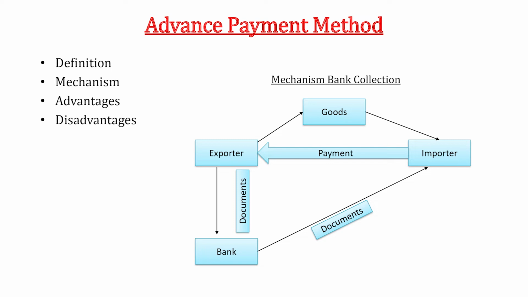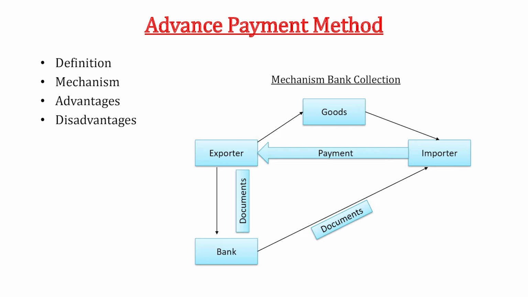This trust will be relating to your capacity to produce the goods, and whether you are a producer of quality products or not. So friends, reputation, brand image, these types of things create an impression in the mind of the foreign buyer so that he can give advance payment to you.